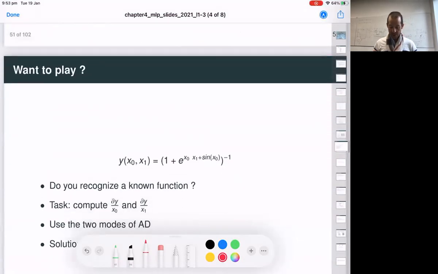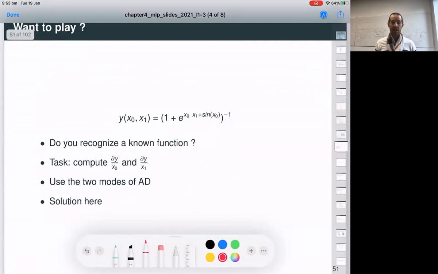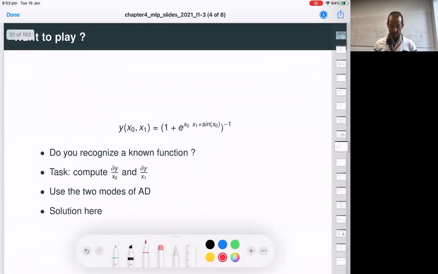Any question on this? I can see some people like playing, so if you want to play, you can play and try this. I put the solution here, but I didn't put the solution. Any question? I don't want to go further because it will be too long, but we have some important and quite nice things to see tomorrow.